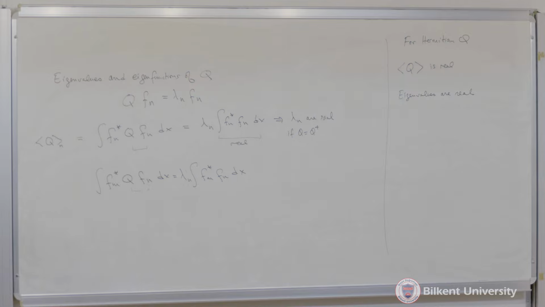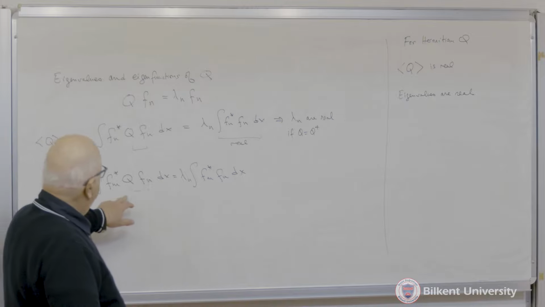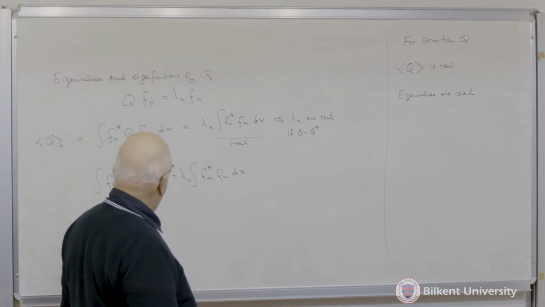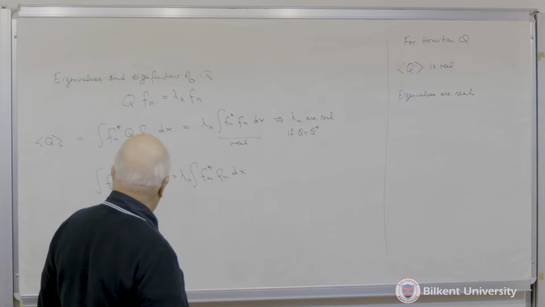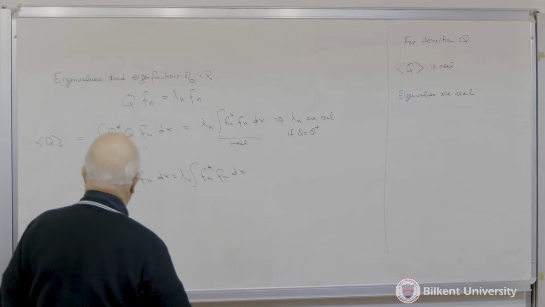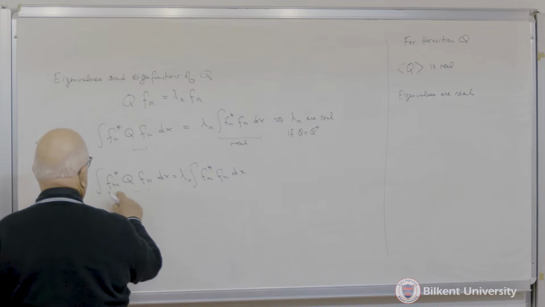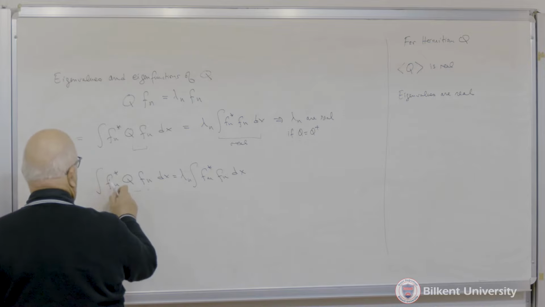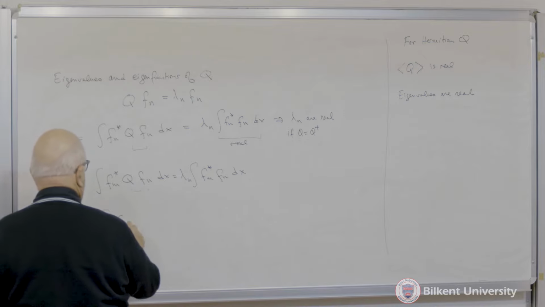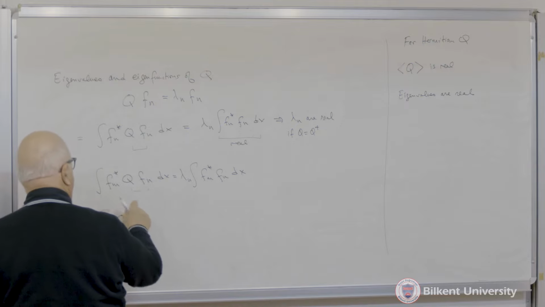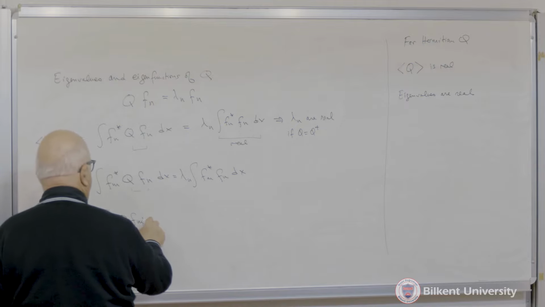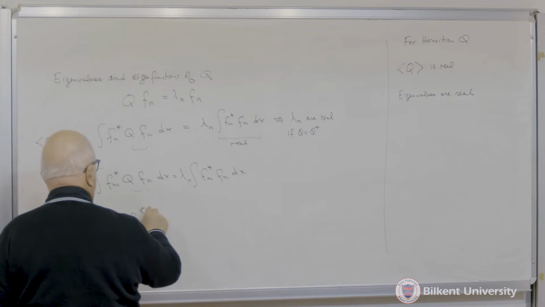But now let me write down, using my adjoint equation, I know that this is going to be equal to Q operating towards the left on the function on the left, fm star.